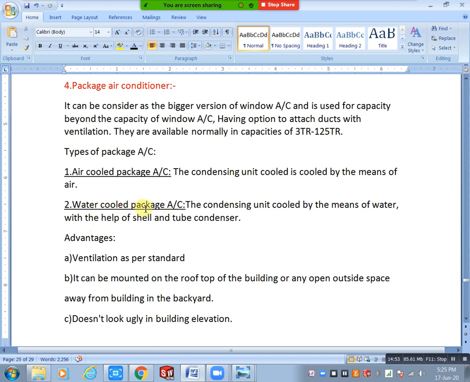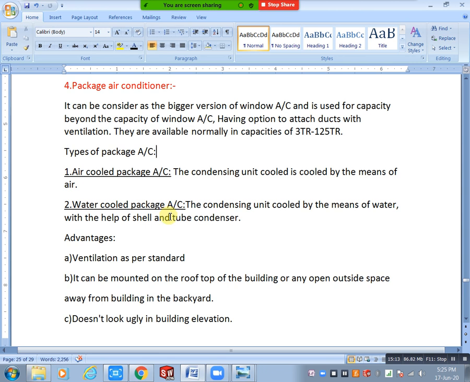Yeah, we are using shell and tube now. It is different, but you will get this topic entirely in the chilled water system. You will understand easily. Air cooled is the same VCR running directly.